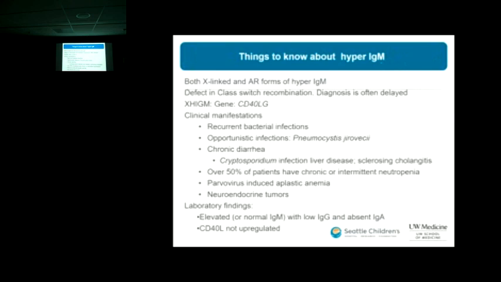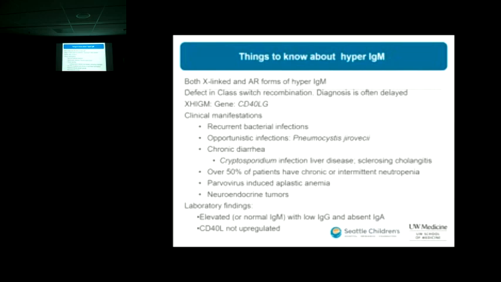So, things that you need to know about X-linked hyper-IgM. The majority of them, the large group of them, are X-linked disorders, but there's some autosomal recessive. It's a defect in class switch recombination, and so B cells can't switch from M to A to G. The defect is in the CD40 ligand.